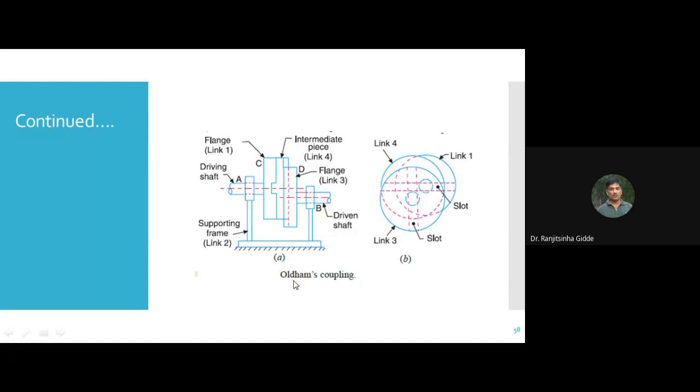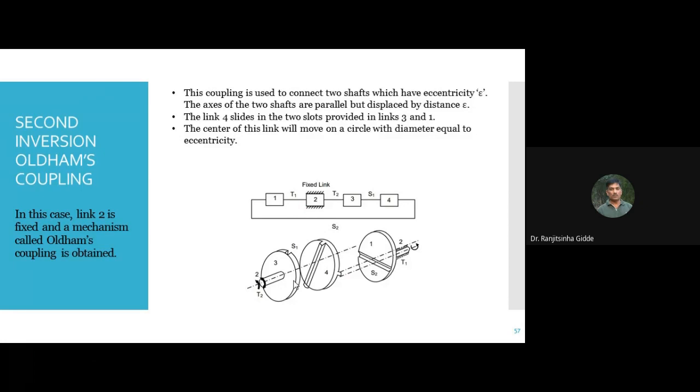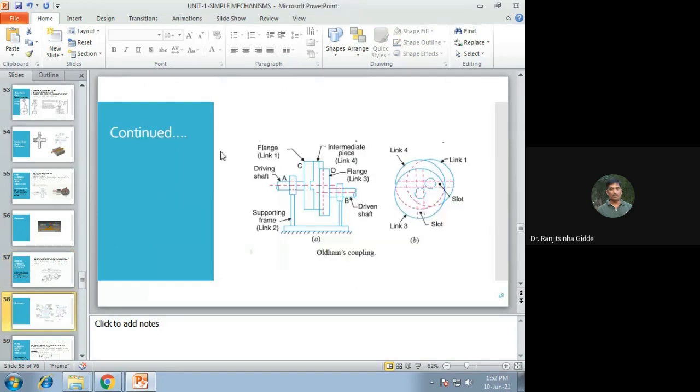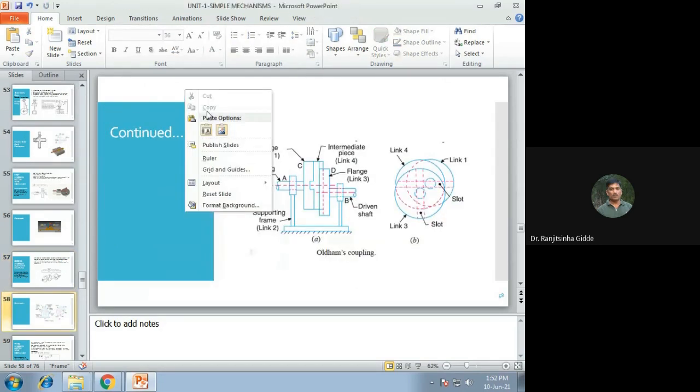Hello. So whatever we have seen in the previous slide, this is link 1, link 2, link 3 and link 4. Here this one is the input flange, this one is the output flange, or vice versa. You can consider this one as input and this one as output, and this one is the intermediate piece. To have proper understanding, I will put this figure on the same slide.